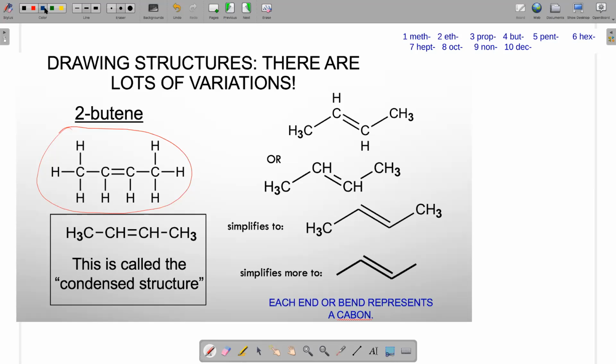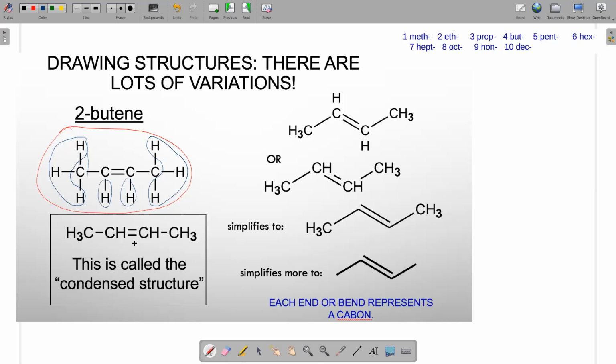But those hydrogens are associated with individual carbons. So what I mean by that is over on this end, these 3 hydrogens here, they're bonded to this carbon. On this end, these 3 hydrogens are bonded to the carbon on the right. And the carbons in the middle each only have 1 hydrogen. So there's a type of structure called a condensed structure. And that condensed structure saves you from having to write as many hydrogens and draw as many lines.